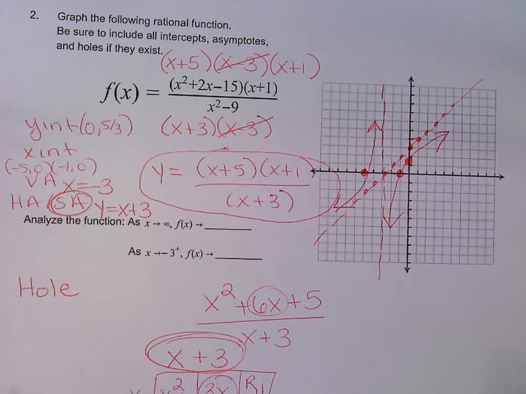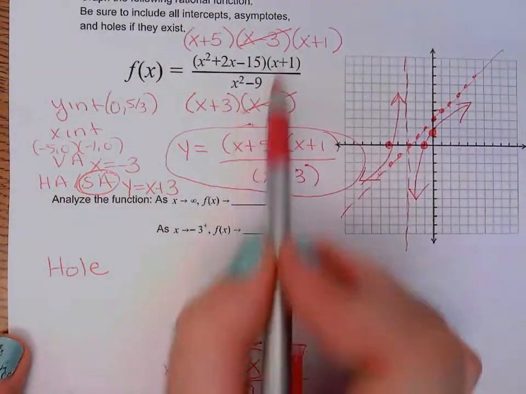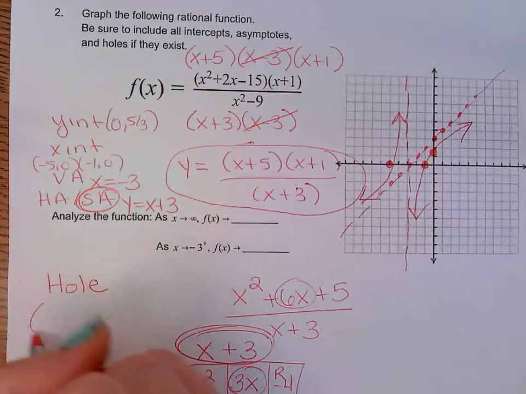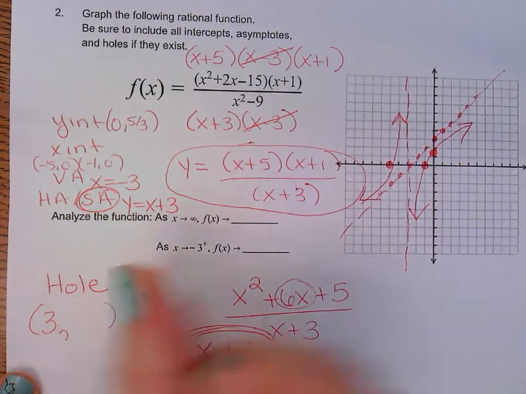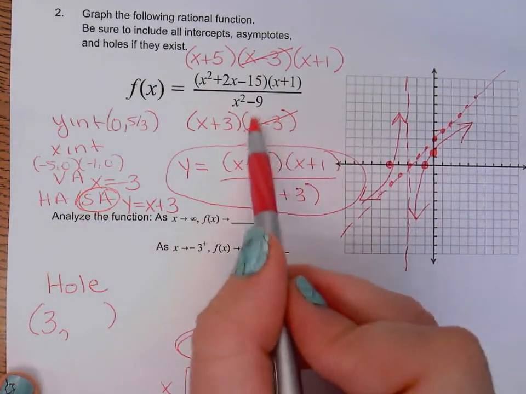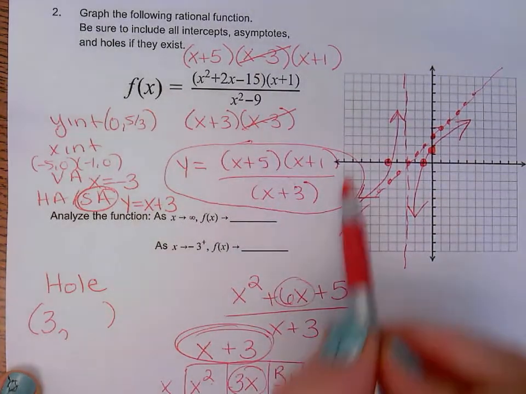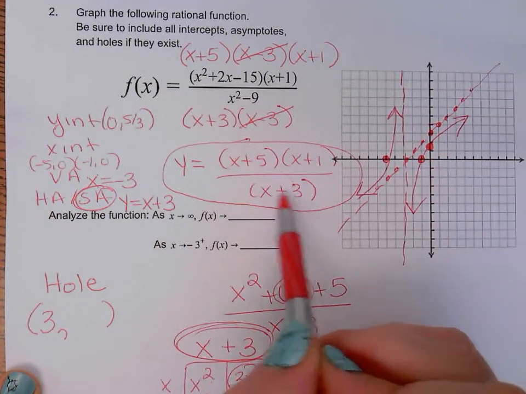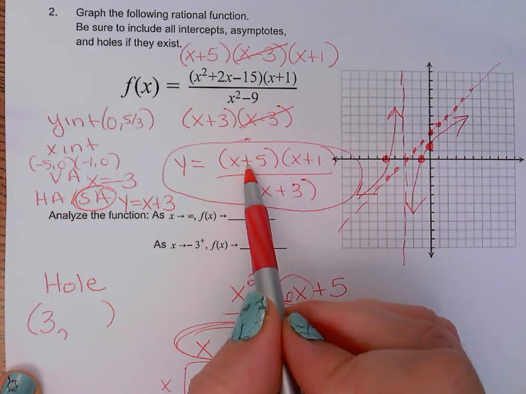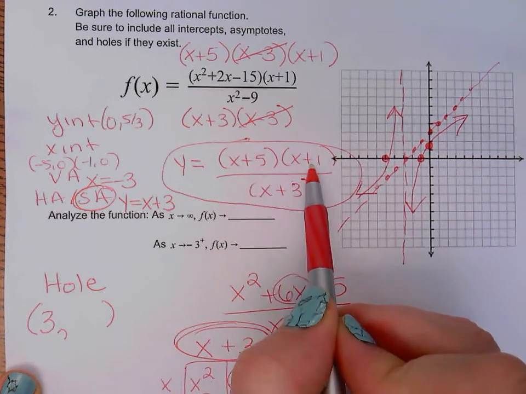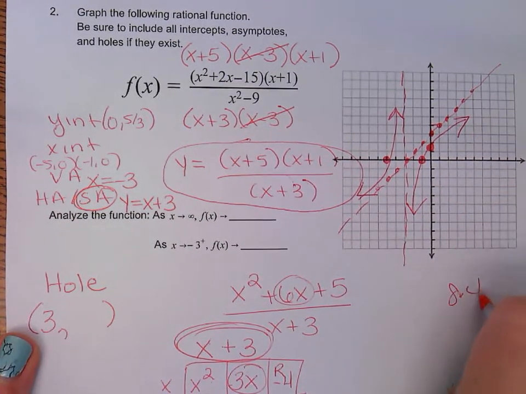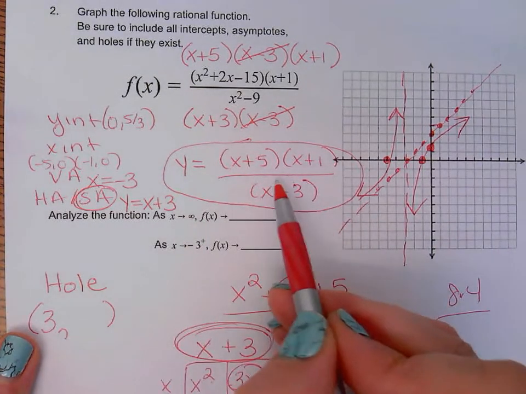And I have to do my hole. Where was this undefined? So this was undefined at 3, comma, something, right? This was 3. I'm going to take my 3 and plug it into this new function. So I would get 8 times 4, and then 3 plus 3 is 6.